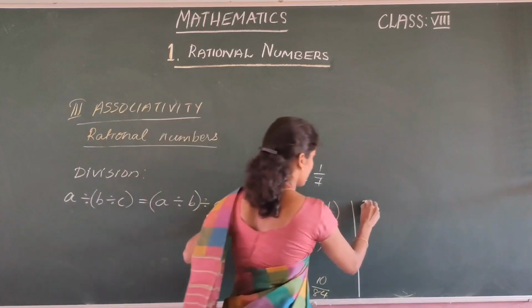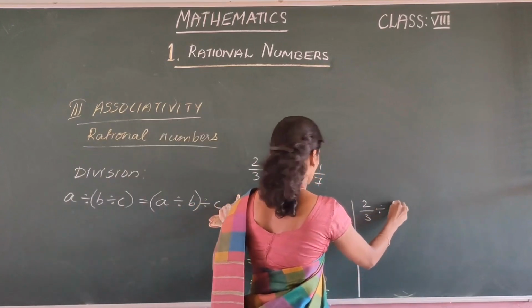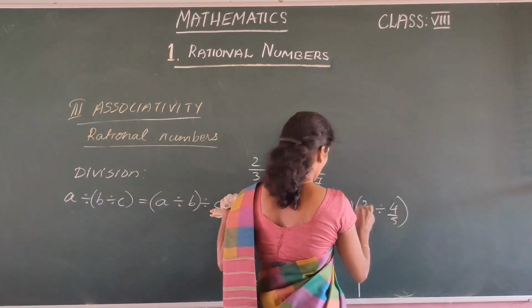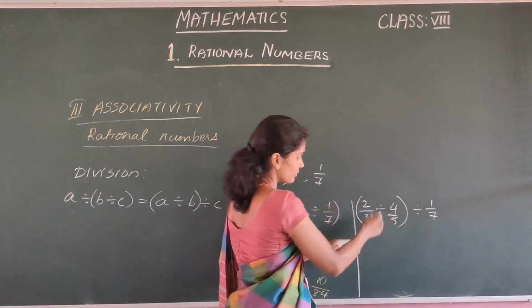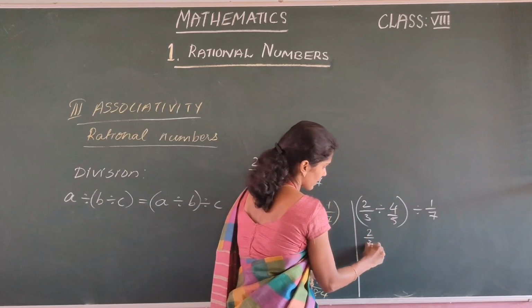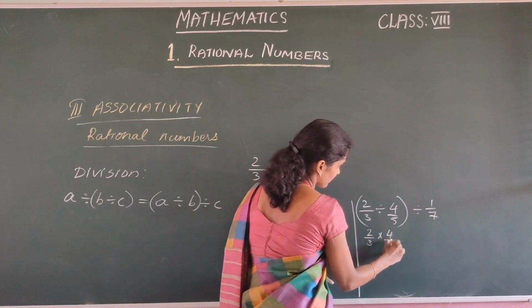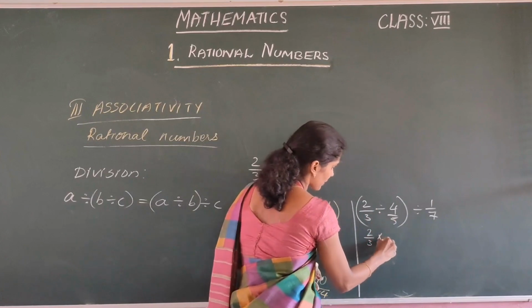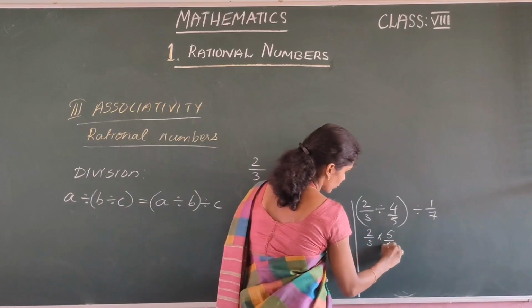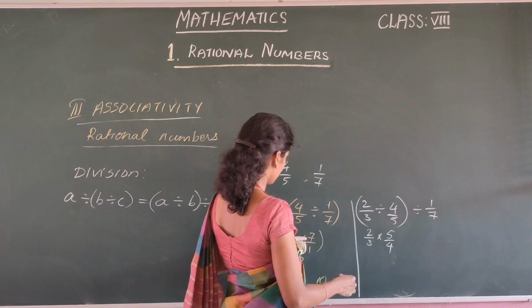Then we check (2/3 divided by 4/5) divided by 1/7. First we solve these two. 2/3 divided by 4/5 is 2/3 into 5/4, that is 10/12.